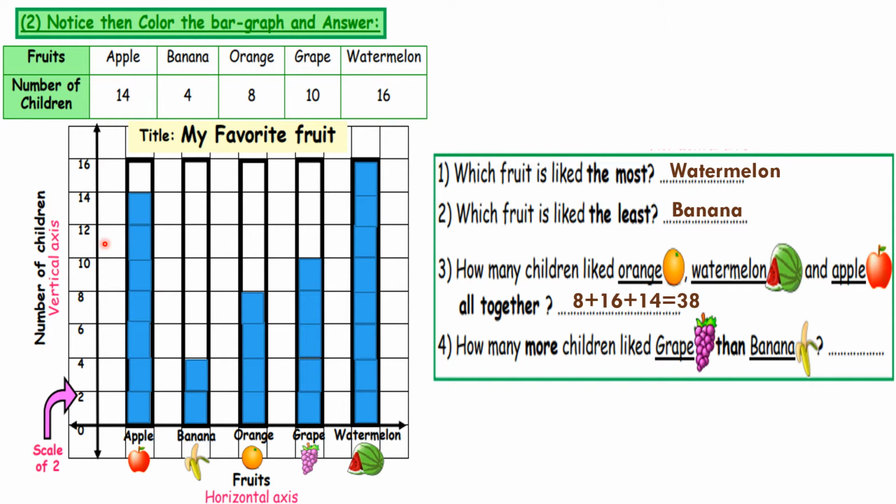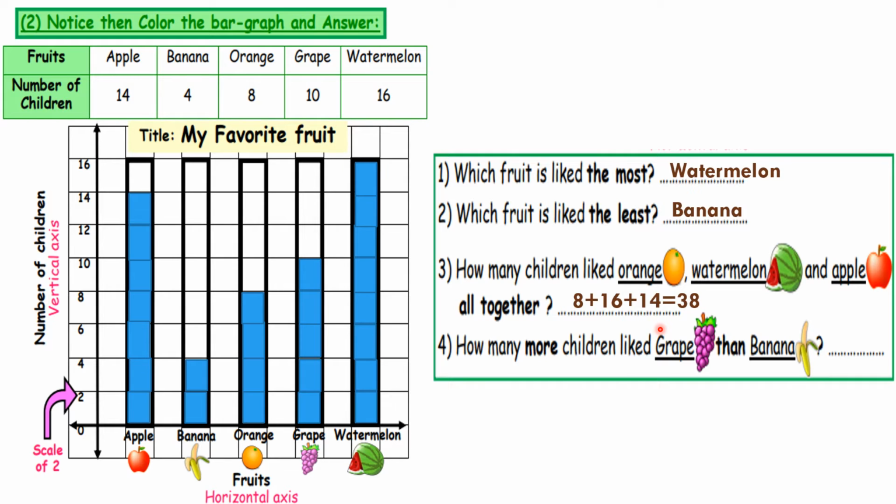Remember, as we learned in skip counting, after 14, 16, 18, 20, 22, 24, 26, 28, 30, 32, 34, 36, 38. So you can count the bars, or you can add 8 plus 16 plus 14.